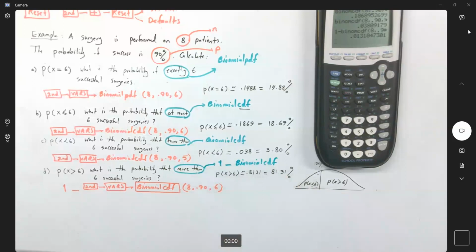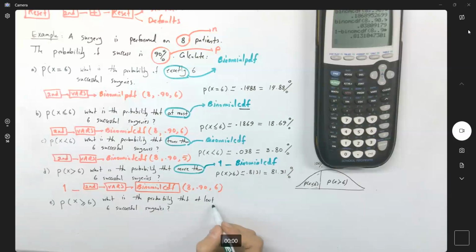And the last scenario is at least. Now, if I ask you to find the probability that x is at least 6, it means that x is 6 or 7 or 8. What is the probability that we have at least 6 successful surgeries?